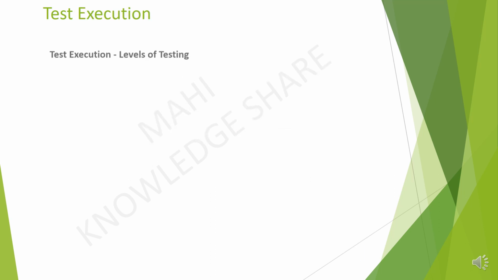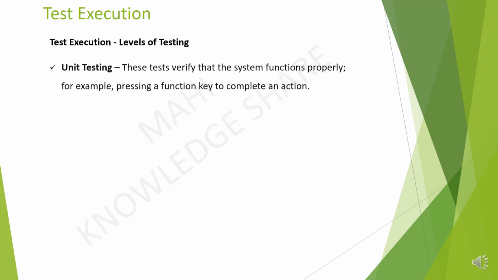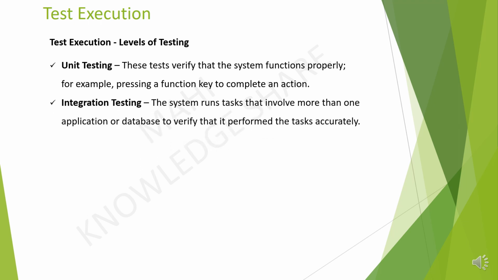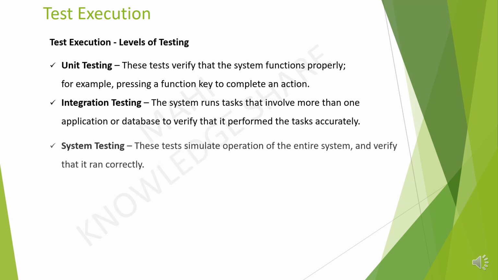Levels of testing. Unit testing. These tests verify that the system functions properly. For example, pressing a function key to complete an action. Integration testing. The system runs tasks that involve more than one application or database to verify that it performed the task accurately. System testing.